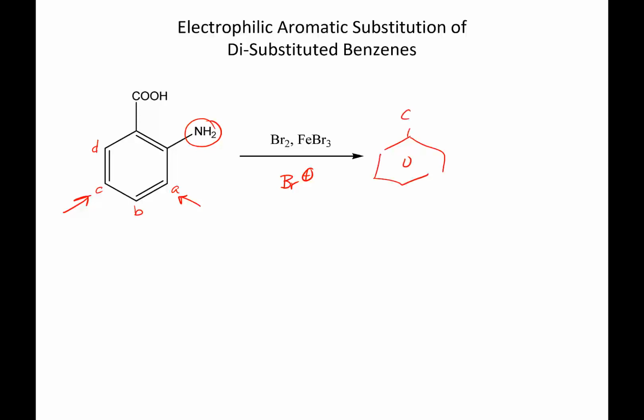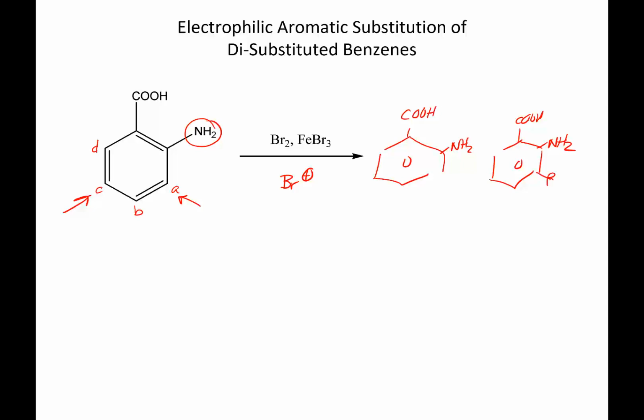Notice that when you're writing these products, particularly next week when you're under excruciating pressure to do so, the first thing we start with is just writing the structure of the reactant. Now we can just put the group in. Of course, you have to know what group and where to put it, so it's not like you can just guess at this. Where am I going to put the Br?